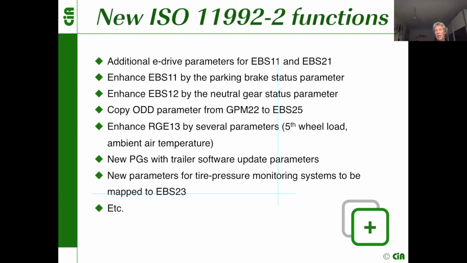So we want to know that, for example, the trailer has been updated while we were parking, because maybe the trailer software is updated over the air. New parameters for tire pressure monitoring systems should be mapped to EBS23, etc. So we have just started to collect all the requirements for this network, and there may be new requirements and new feature requests which we have to fulfill.